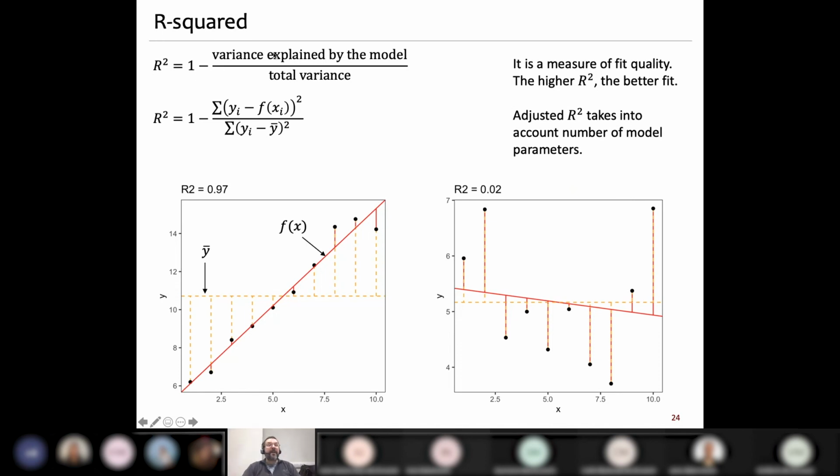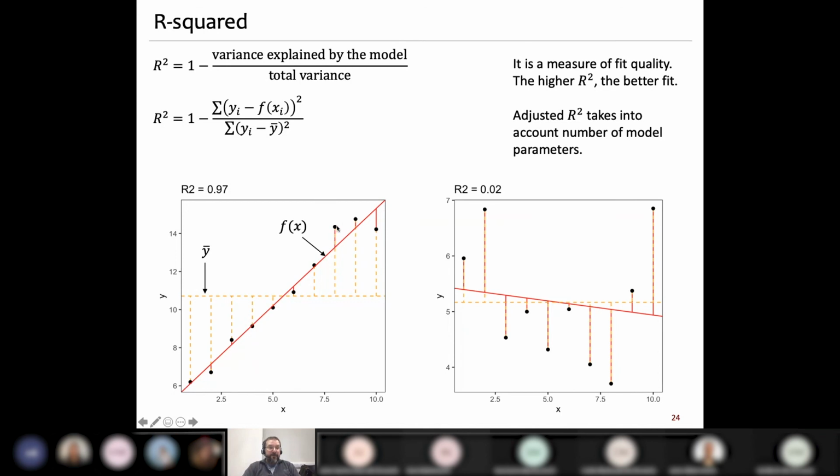It is 1 minus the variance not explained by the model divided by the total variance. The residual variance is given by this equation: the response minus the model, squared and summed, and the total variance is the response minus the mean, squared and summed.